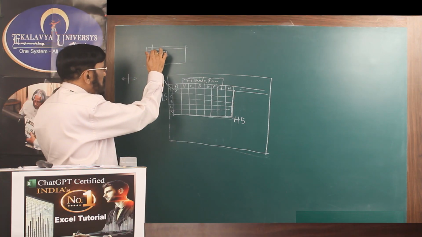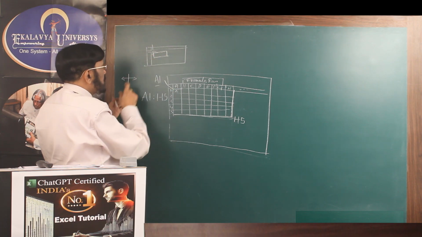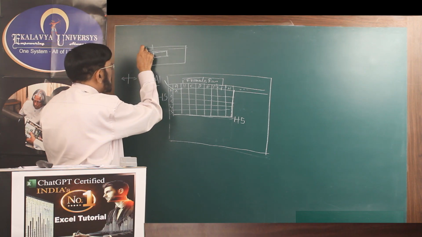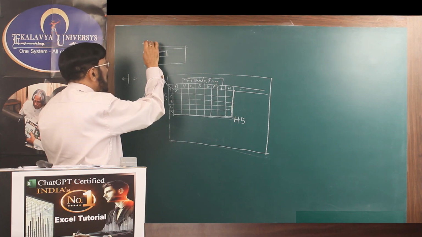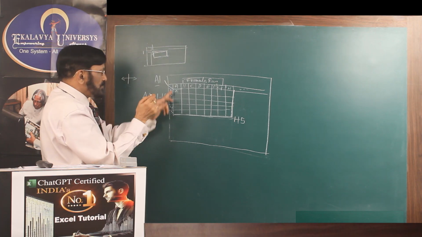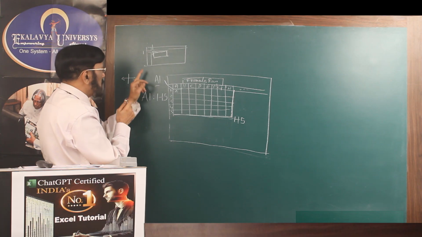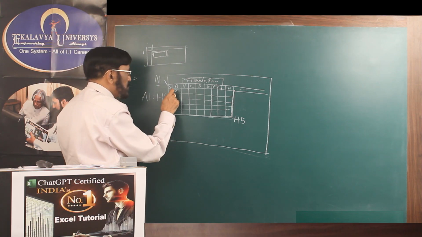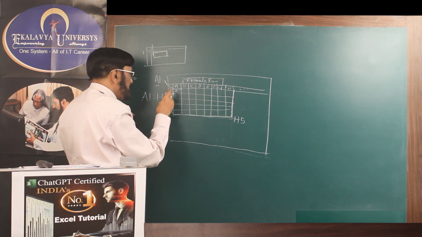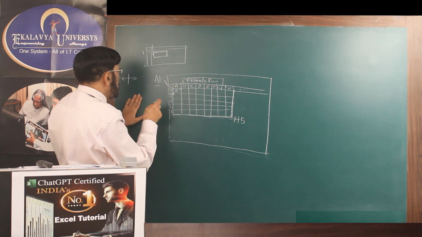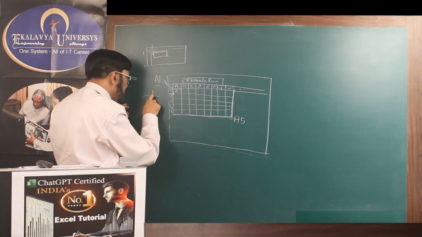Now, what should you do? I want to bring it down one row. That means I want to create one row as blank, and also column A as blank. First, I tell about the first row. Here, below 1, you place the row resize cursor.